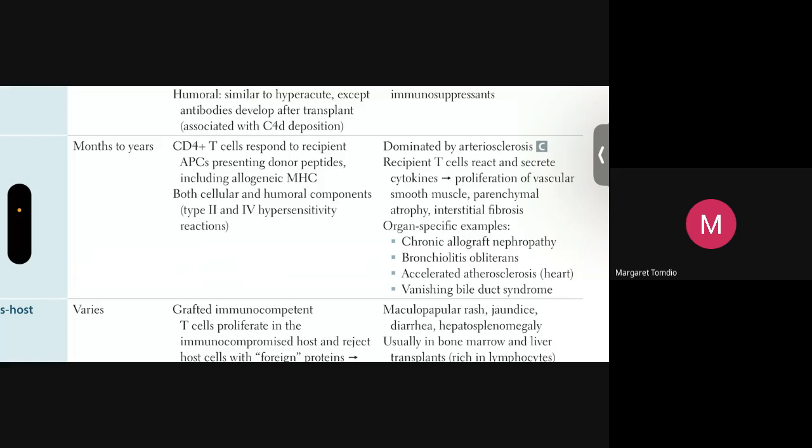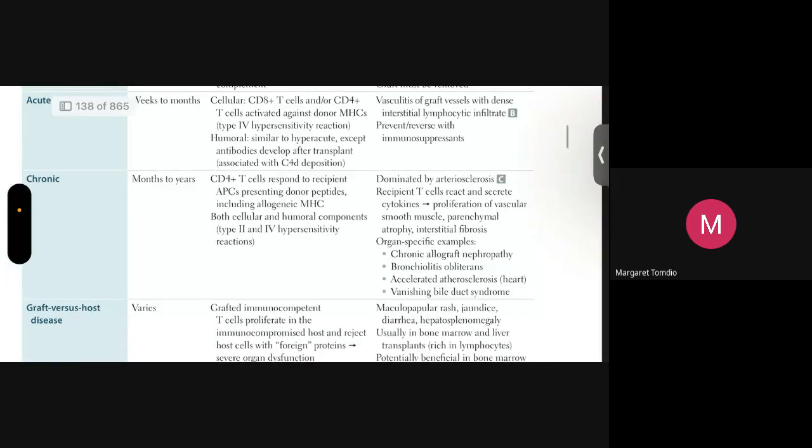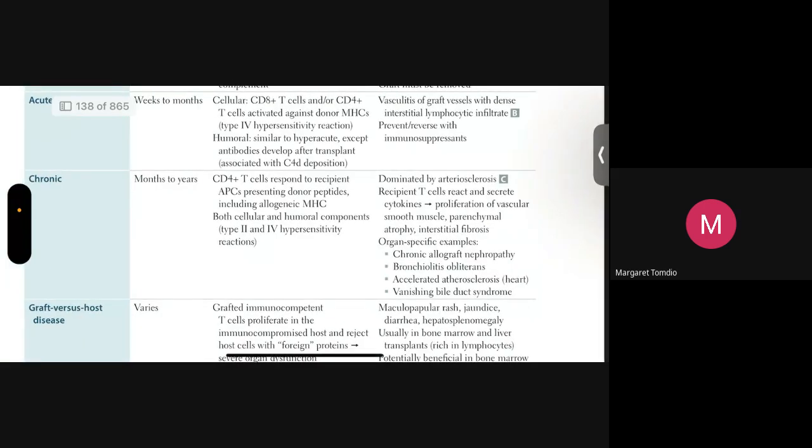So in chronic transplant rejection, these T cells can cause damage of your small arteries, which can lead to arteriosclerosis. Like in the case of hypertension, we were discussing that increased pressure is going to cause many kinds of damage, and as a result the smooth muscle layer was proliferating in the form of onion skin, if you remember, right?